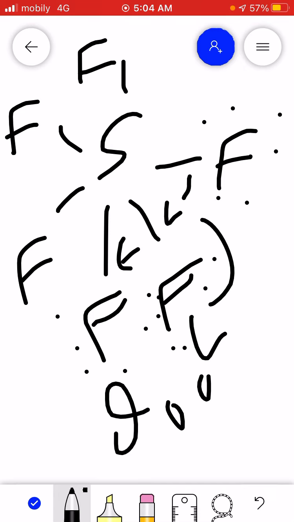That means it has no lone pair for sulfur.